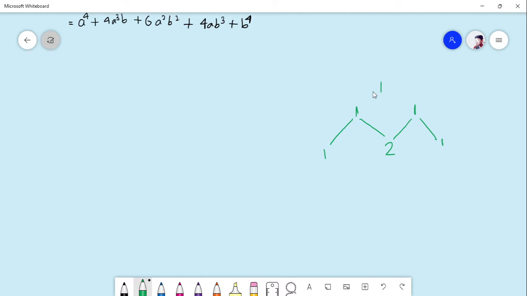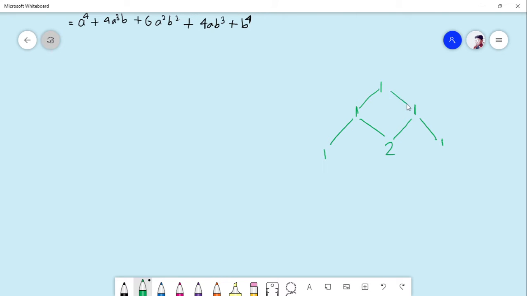The proper way is to say how many ways you can get to that term. To get to this term, you have only one way, in this direction. But to get to this term, you have two ways: you can go from this direction and you can also go from this direction.